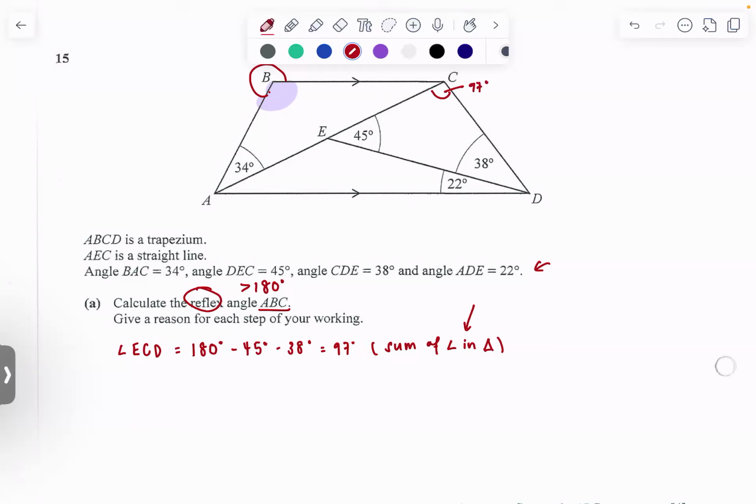And then I'll go ahead and find CAD. What is CAD? CAD is actually 180 minus 97 minus 38 minus 22. Right? Why?